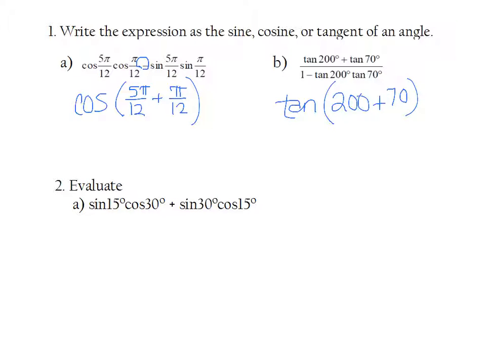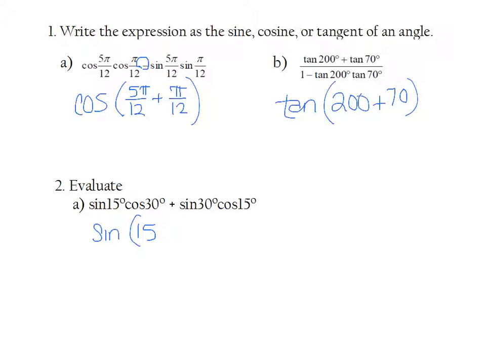On number 2, I am going to go the next step. I'm going to actually evaluate it when I'm done. Let's look at it. You have to look and decide which trig ratio you see happening. So peeking back, you're finding the one that goes sine, cosine, sine, cosine. All right, that's the sine identity. And in parentheses, my two angles, 15.